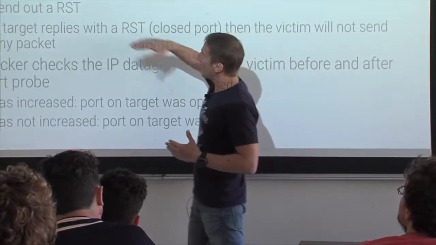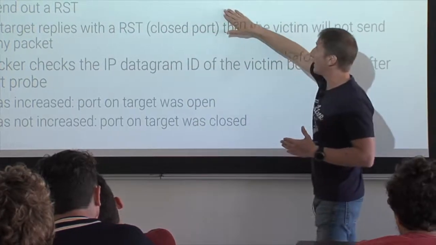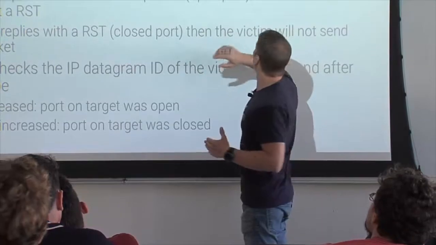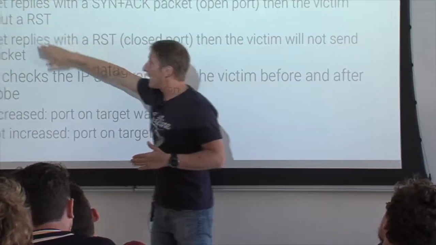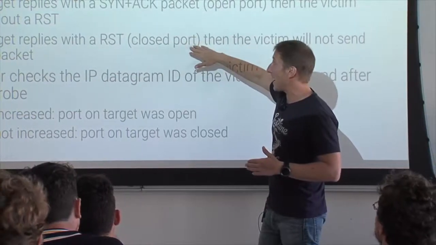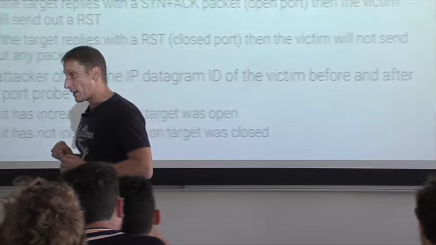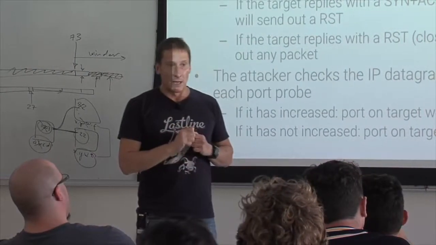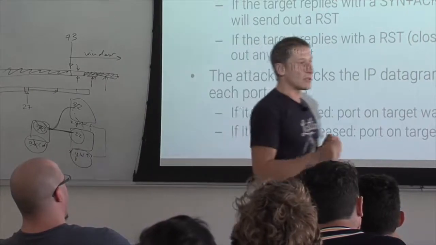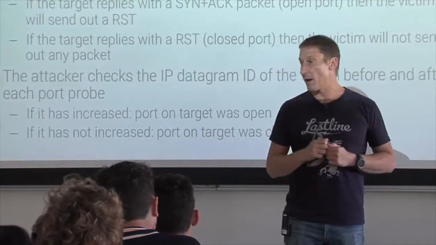Well, if the target sends a SYN-ACK packet, so the port is actually open, then the relay will send out a reset. If the target replies with a reset, the port is closed, and the relay will not send out any packet. So what do you do? Well, you probe the IP sequence number of the relay to see if it has increased by 1.